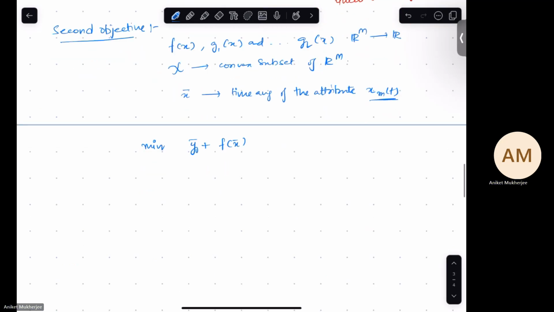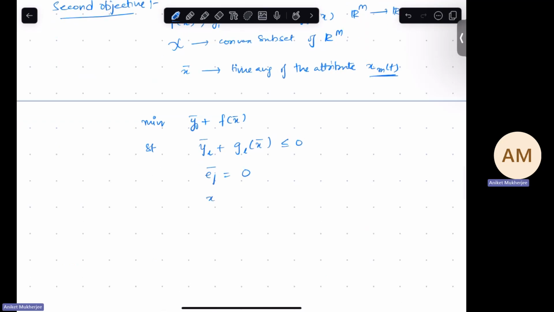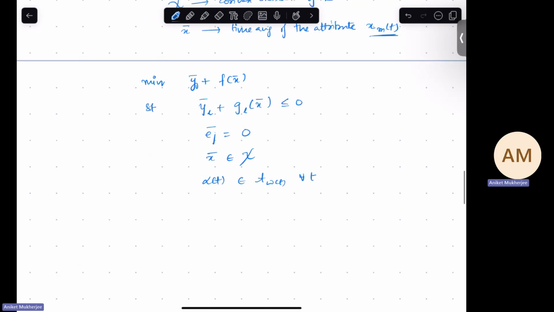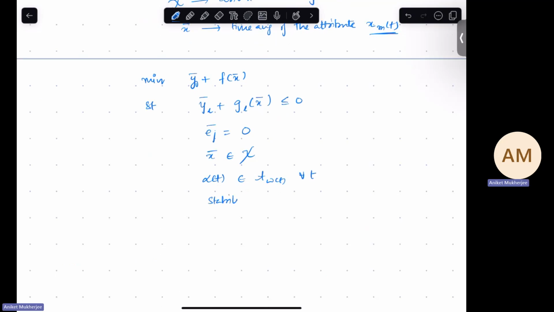Such that the constraints are: y time averaged, YL vectors plus GL X hat less than or equal to 0, EJ bar equal to 0, X bar belongs to closed set X, alpha(t) belongs to A omega(t) for all t, and stability of Qs.